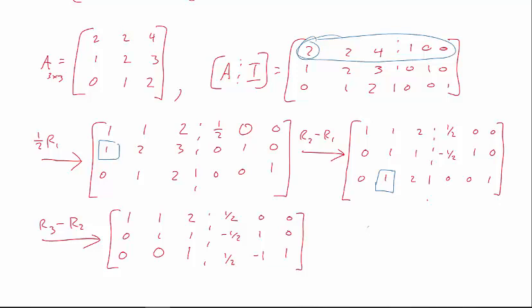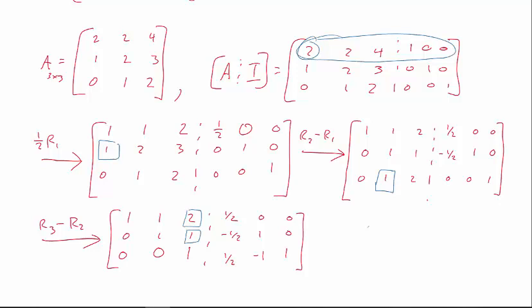We're just going to have to eliminate those guys right there. So first thing we do is we are going to be using this guy as our pivot element, and we're going to use him to get rid of this guy and this guy.